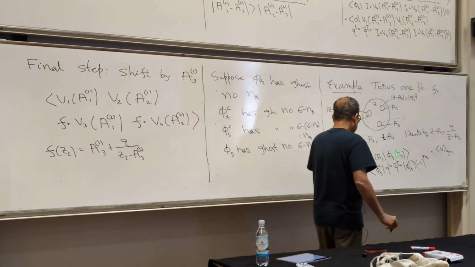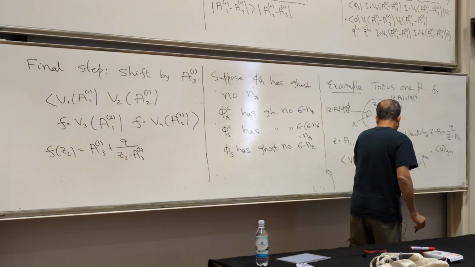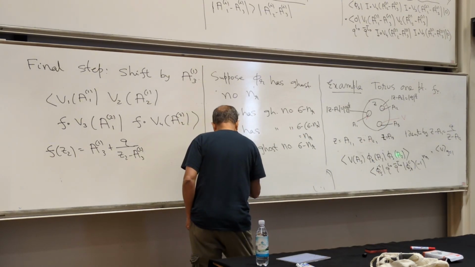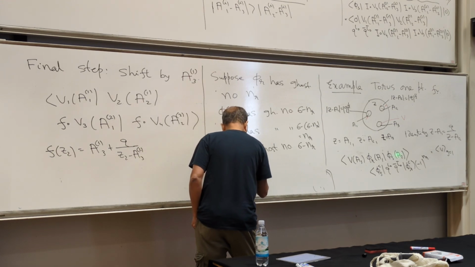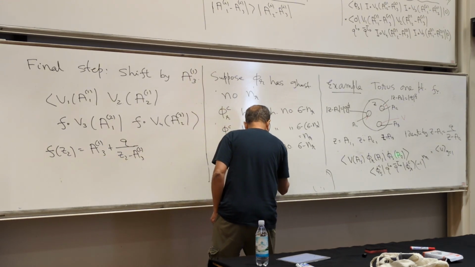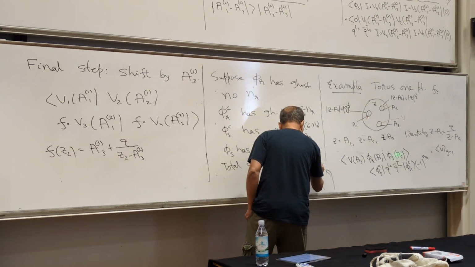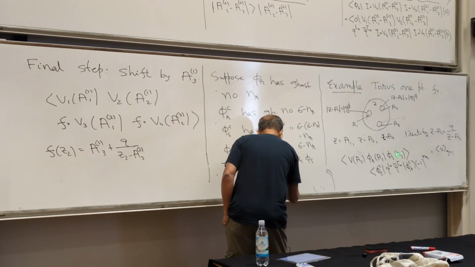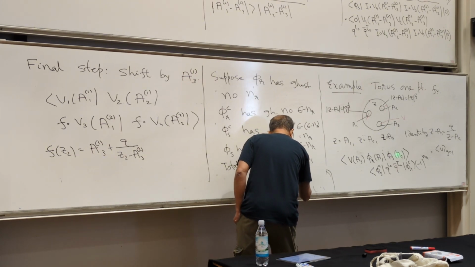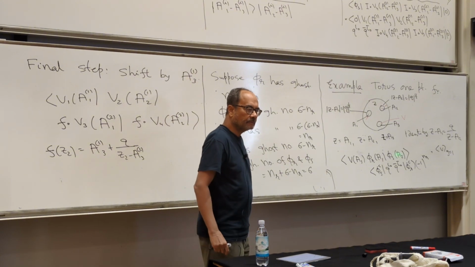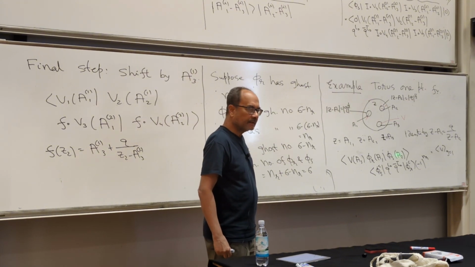So what we see from here is the Grassmann number of phi r and phi s. Okay. So total Grassmann number of phi r and phi s is nr plus 6 minus nr, which is 6. Right?